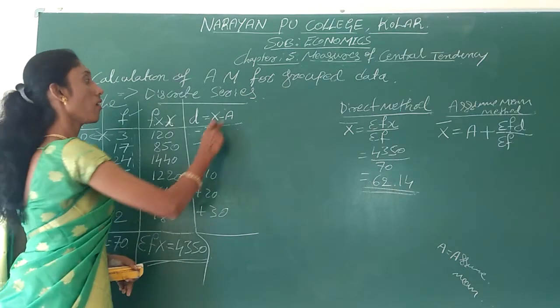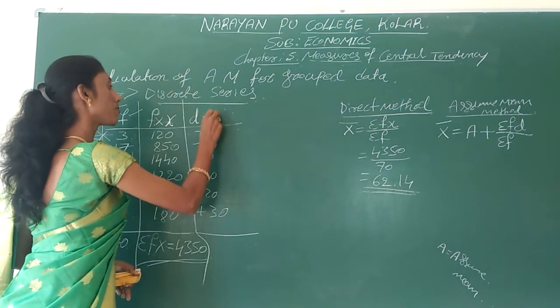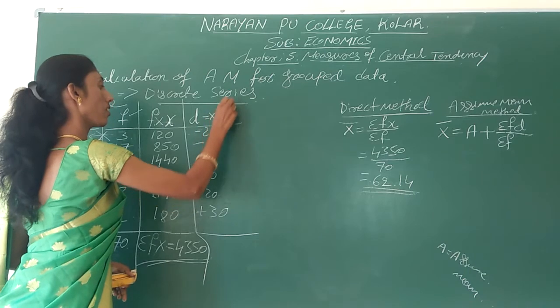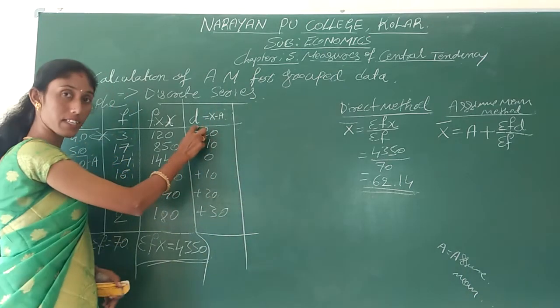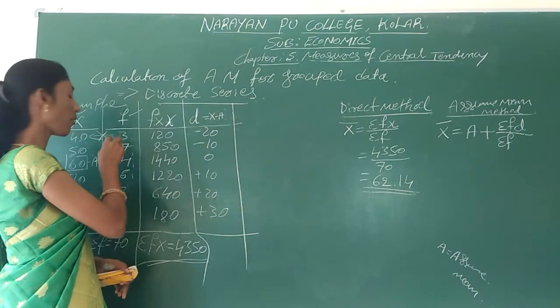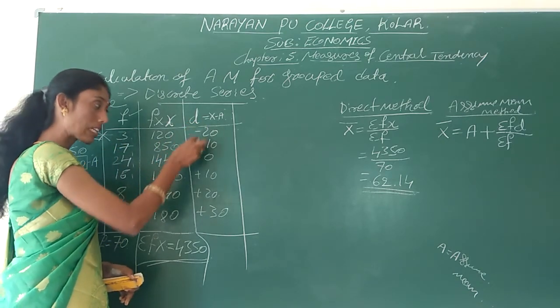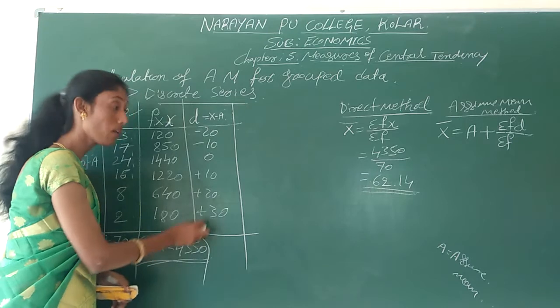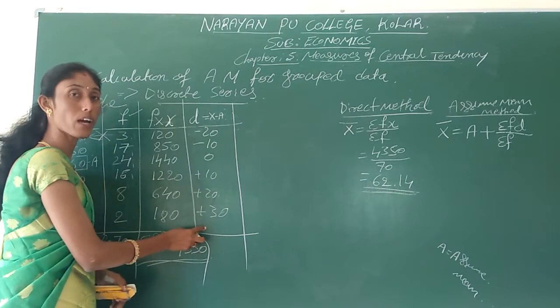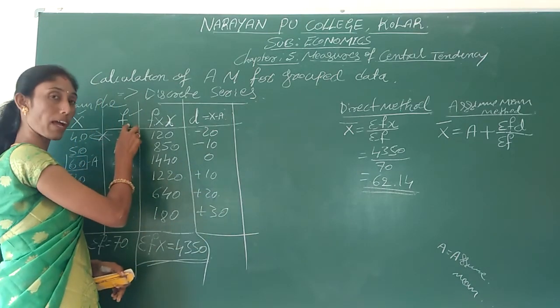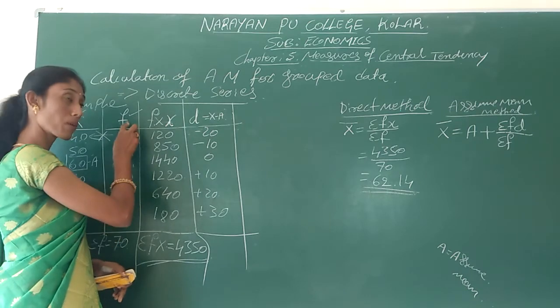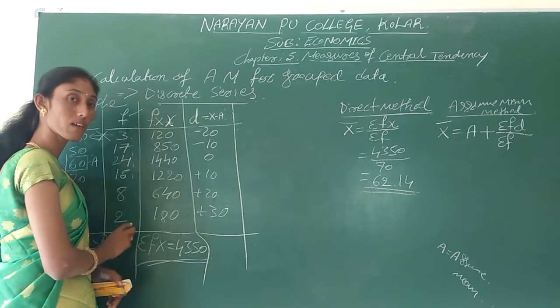After finding the deviations, what should we do? We have one more column, the frequencies. Whatever deviation values we have, we multiply them by the frequencies.